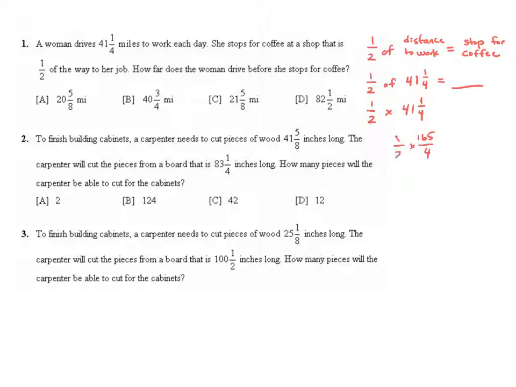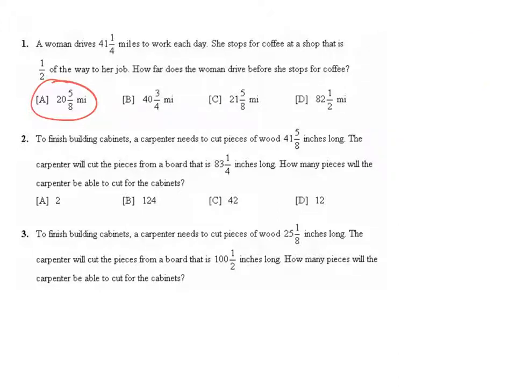So now I'm ready to do my multiplication. 1 times 165 is 165. 2 times 4 is 8. And we can change this back to a mixed number by dividing. 165 divided by 8 will be 20 5/8. So half of her distance to work is 20 5/8 miles.